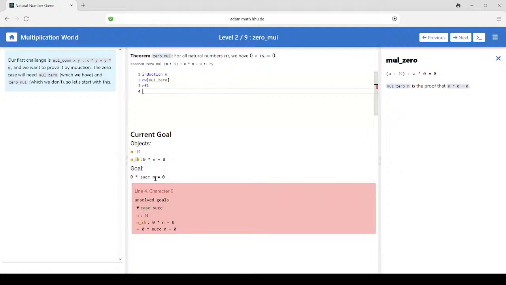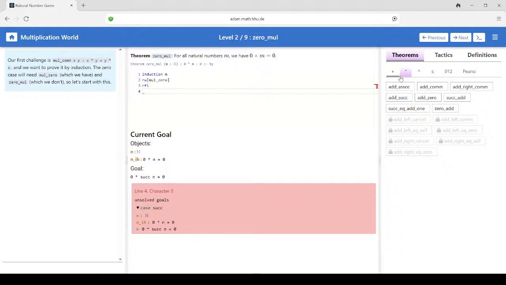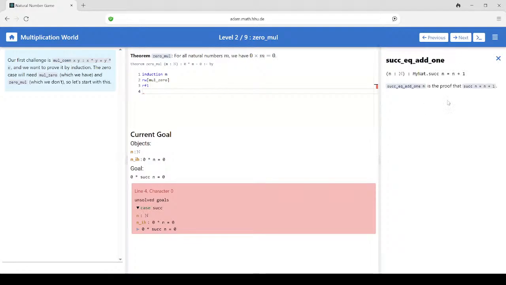The case in which m is a number, and a number is always a successor of a number n. So we've got to turn successor n into n plus 1, I think. Yep, this one.